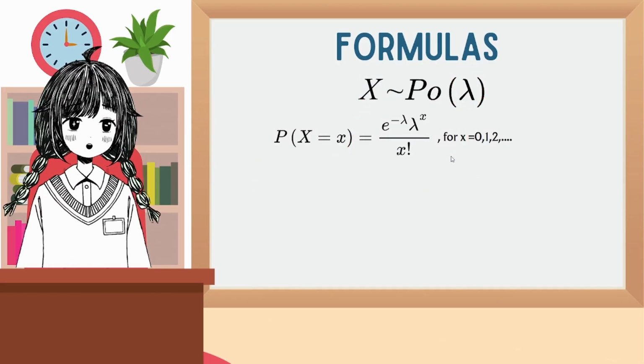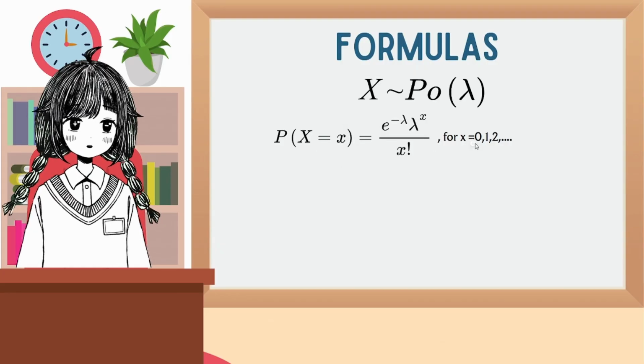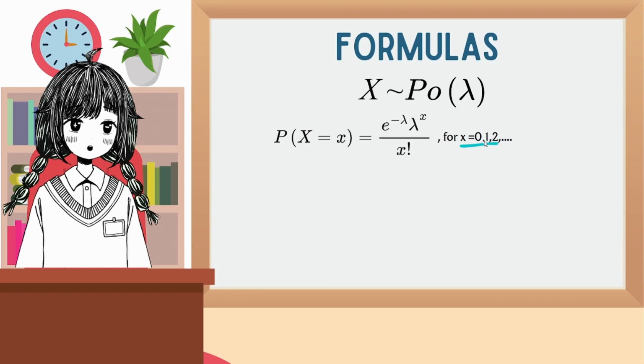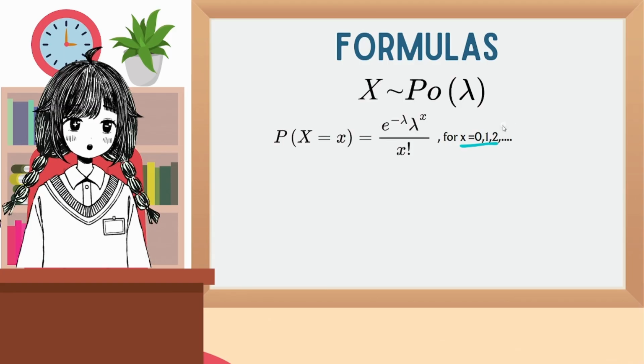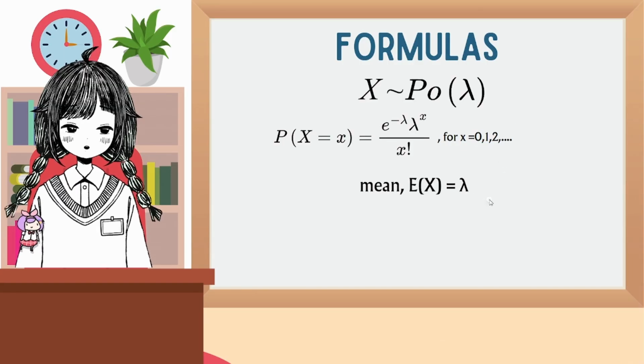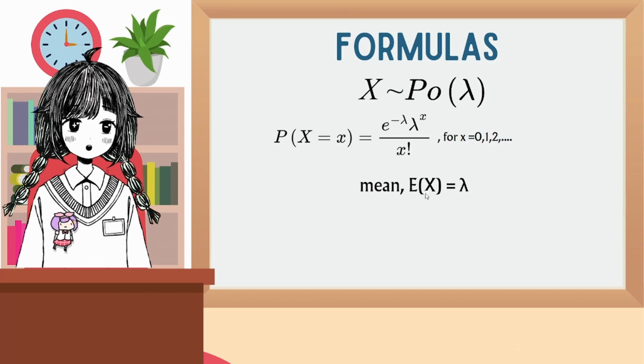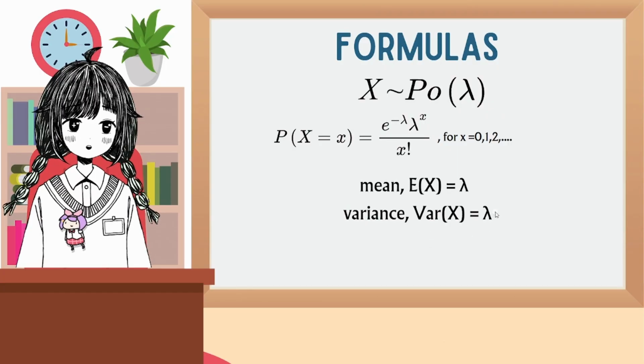For an instance of exactly X value, this is the equation used, where X is discrete, meaning only whole numbers. Since we already established that the mean number of events is lambda, the mean equals lambda, and its variance also equals lambda.